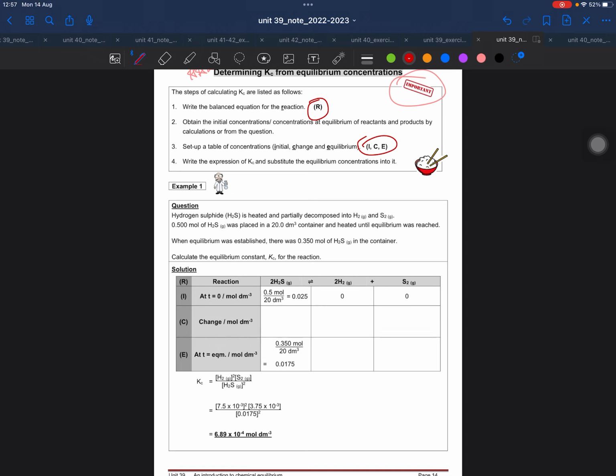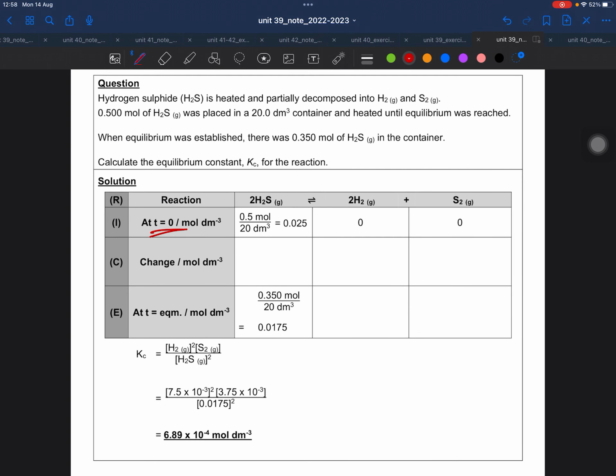You should first include a balanced equation in your answer. Then the initial state, which means time equals 0 at the beginning of the experiment. Include the change and include the concentration in the equilibrium state, RICE. Well, let's see how this proceeds, right?